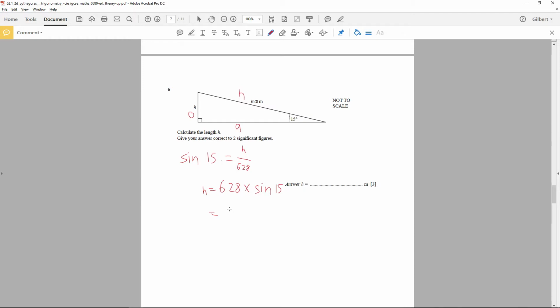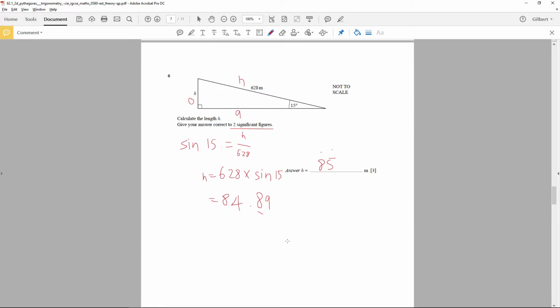Your answer is 84.89. But look at the question, they want two significant figures. So you round off this value, making your final answer 85 meters.